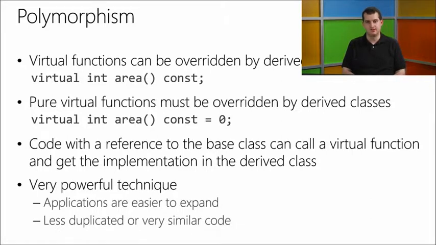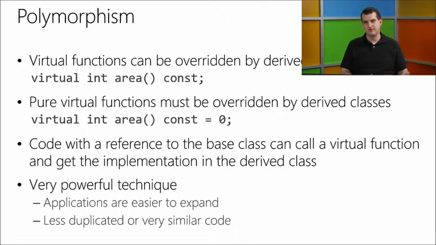So when it compiles, it knows this will be the exact function. But with virtual functions, it doesn't know, because if you have a reference to a shape, you could pass in a triangle or you could pass in a rectangle. And so it defers that decision until runtime. It looks at it and says, this is a triangle object, I'll call the triangle implementation of area. Or, this is a rectangle, I'll call the rectangle implementation.